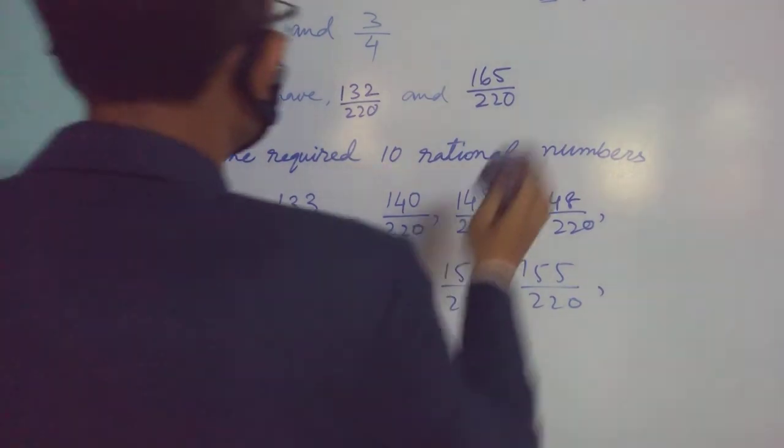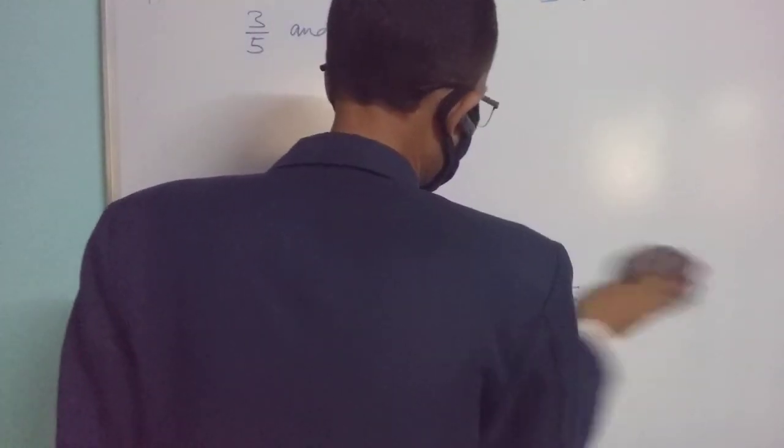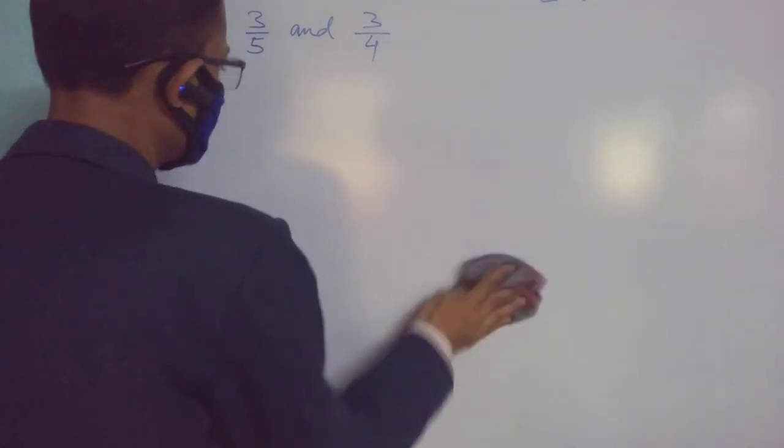All right, so question number 6. Find any 5 rational numbers greater than -2.